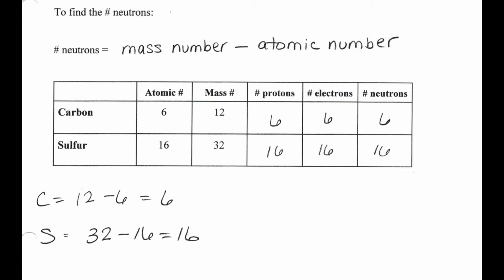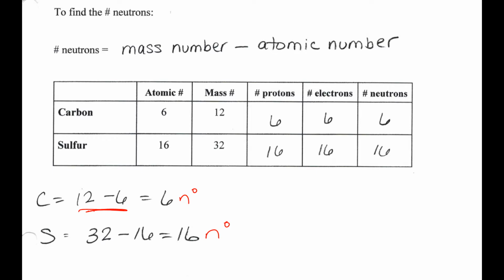The atomic number means the number of protons, so there's 6 protons and 6 electrons. Then we take 12 minus 6 to give you 6 neutrons. And sulfur, same thing. Atomic number of 16, so it's got 16 protons, 16 electrons. It has a mass number of 32, so when you subtract them, you get 16 neutrons.